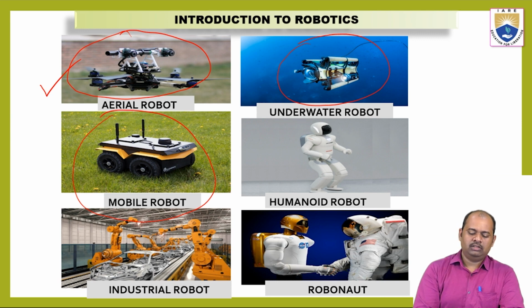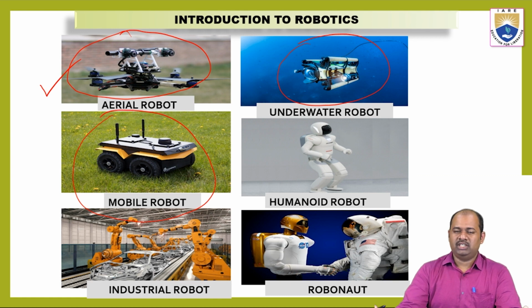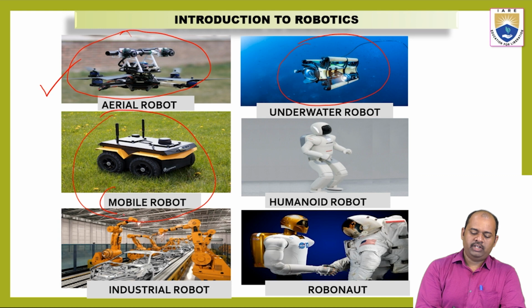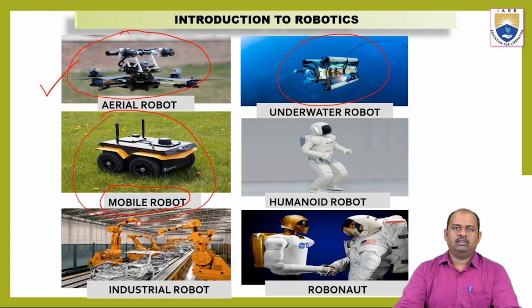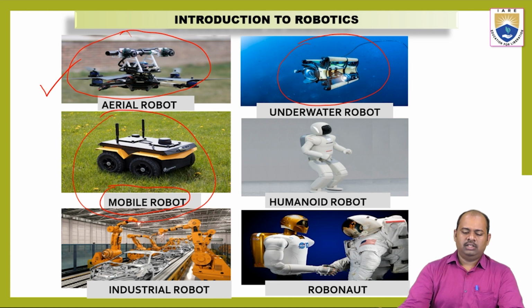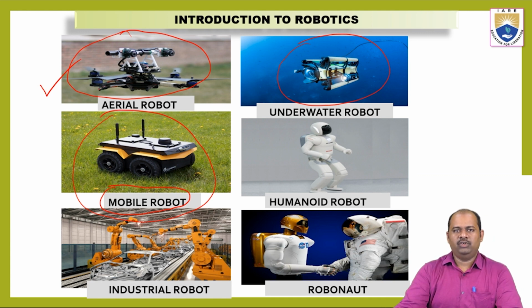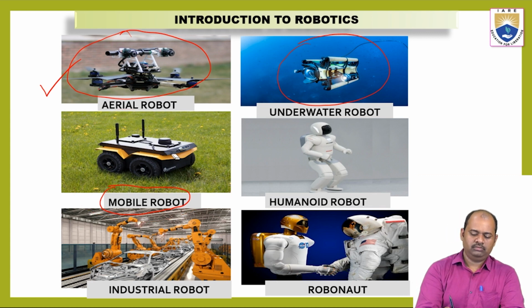Like they will attach some kind of sensors which can see through walls, so that they can identify persons who are staying inside a house or a building. So mobile robots are very useful in military applications, like the military personnel can use these robots instead of humans. They can find out what is happening inside a building.